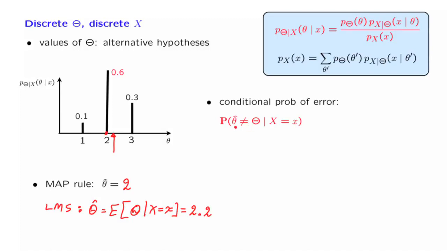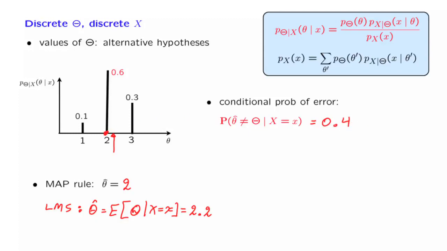It depends on how we construct the estimates. If in this example we use the MAP rule and we make an estimate of 2, there is probability 0.6 that the true value of theta is also equal to 2, and we are fine, but there is a remaining probability of 0.4 that the true value of theta is different than our estimate, so there's probability 0.4 of having made a mistake.